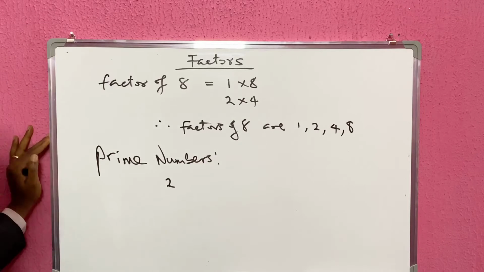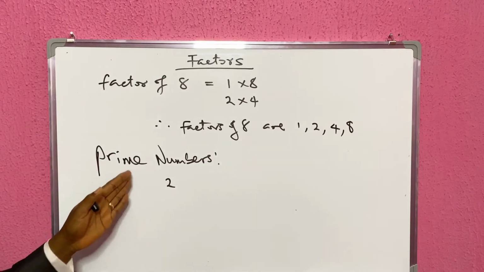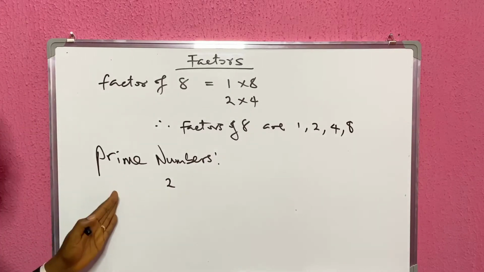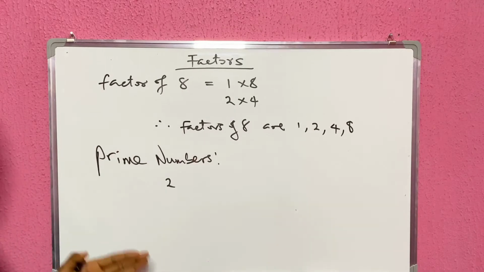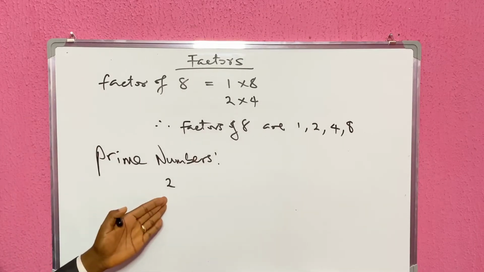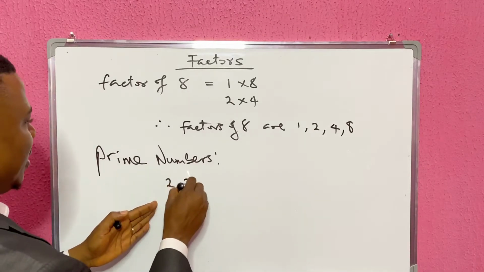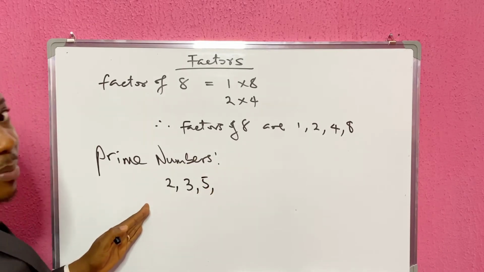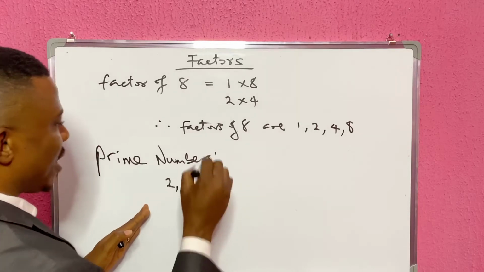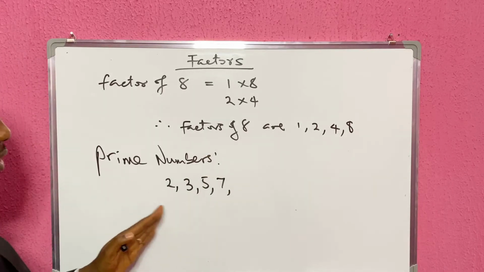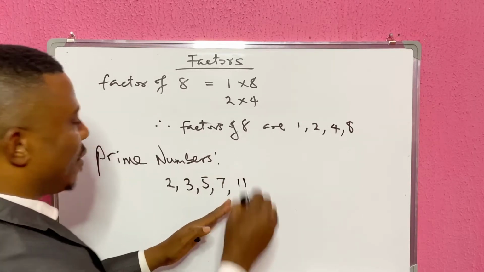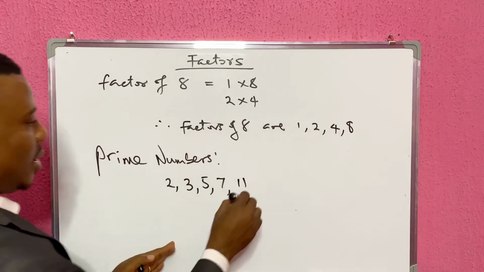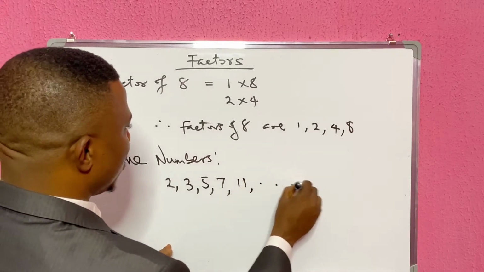2, because 1 times 2 is 2. So 1 and 2 are the only factors of 2. So 2 is a prime number. 3 is a prime number. 5 is a prime number. 7 is a prime number. 11 is a prime number. And so on.